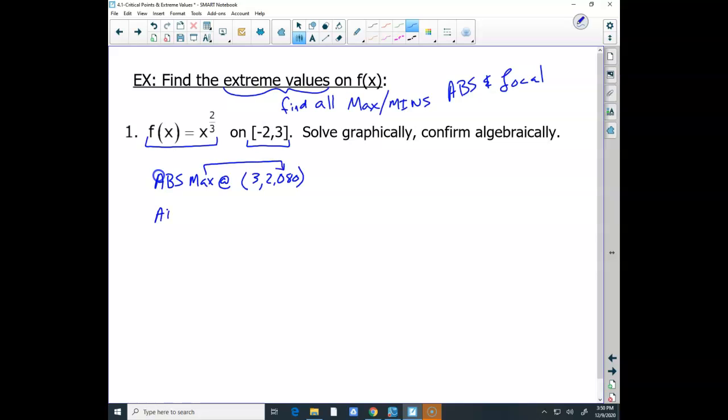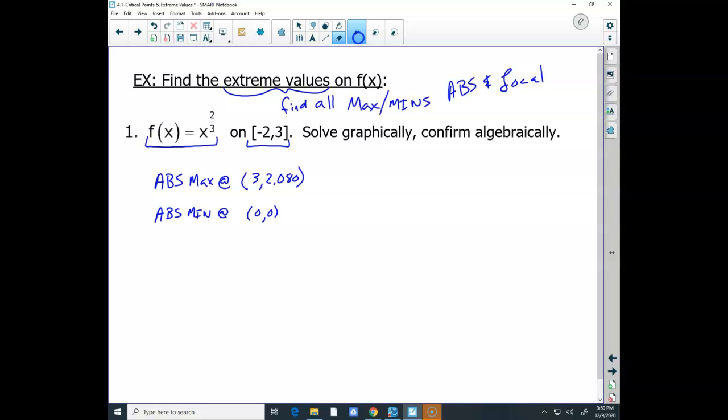We had an absolute min at 0, 0. Notice I'm not really stating what the absolute max or min are here. Okay, I'm just stating kind of where they occur.